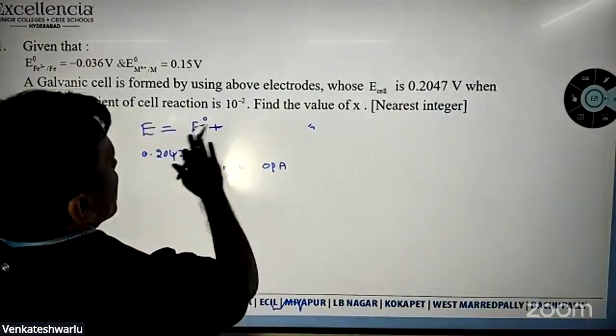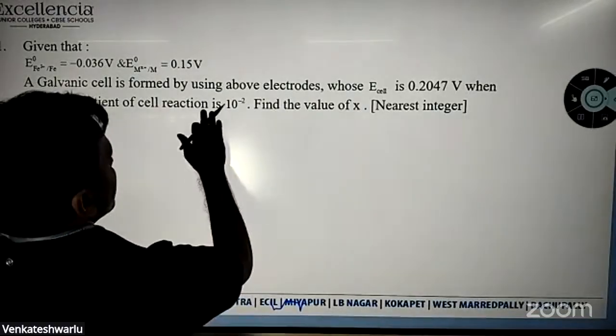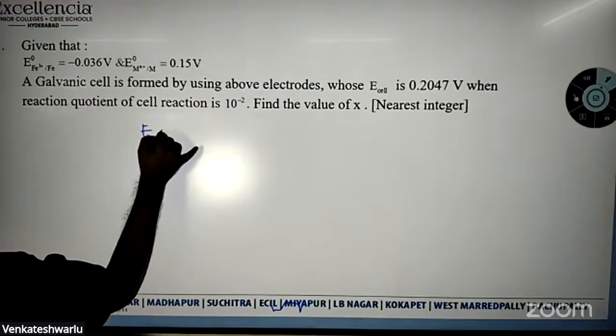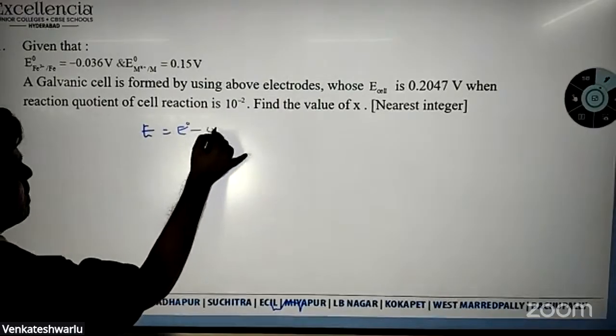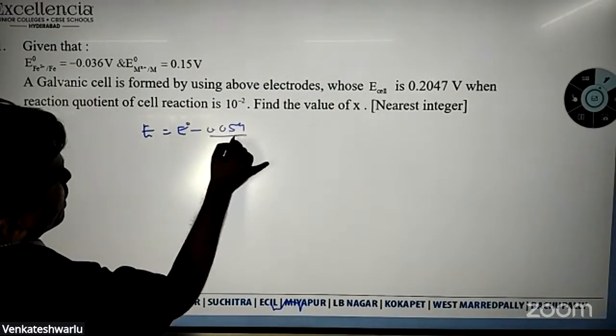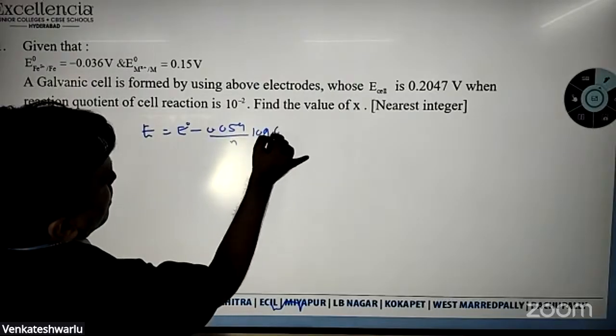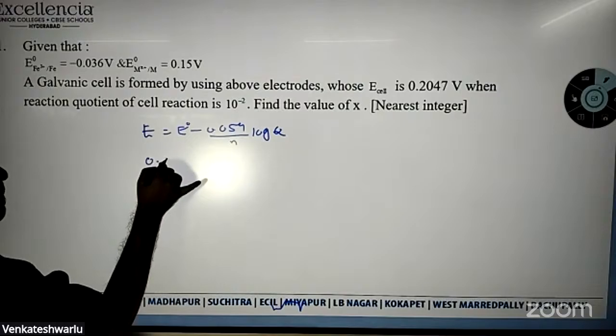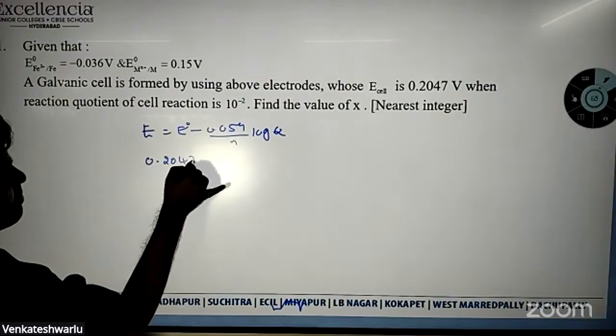Sorry, here E cell is equal to E naught minus 0.0595 into log Q. E cell, the cell potential, is given in the question, that is 0.2047.